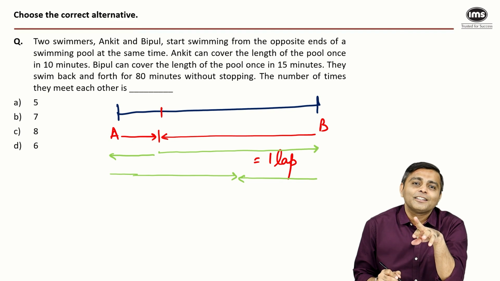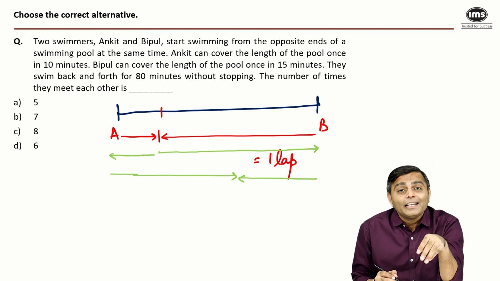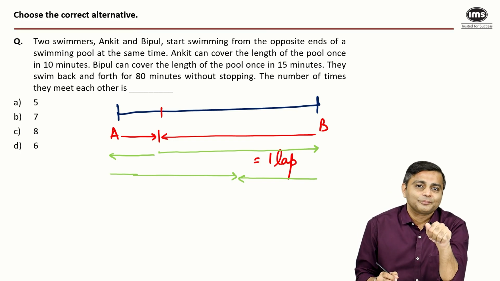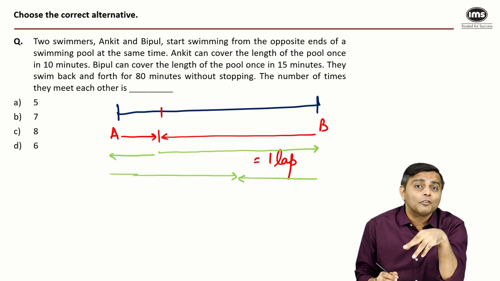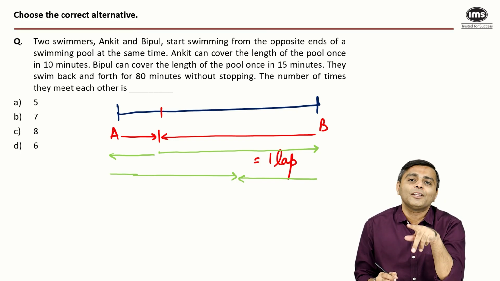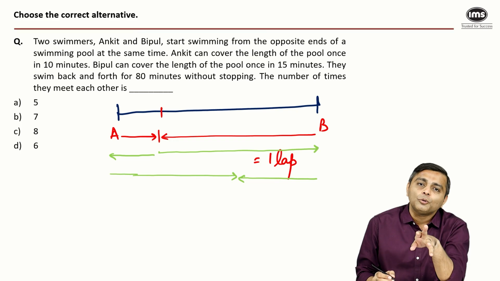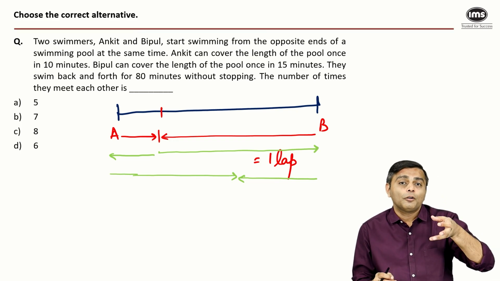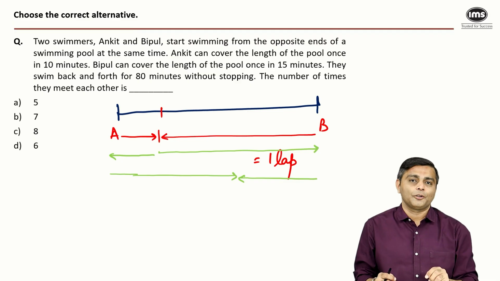If you see properly, the distance they have swum is now equal to 2 times the length of the swimming pool. Correct? The sum total of the distances swum by each of them is equal to 2 times the length of the swimming pool. This is the only important funda or the important distinction in a swimming pool vis-a-vis a circular race.